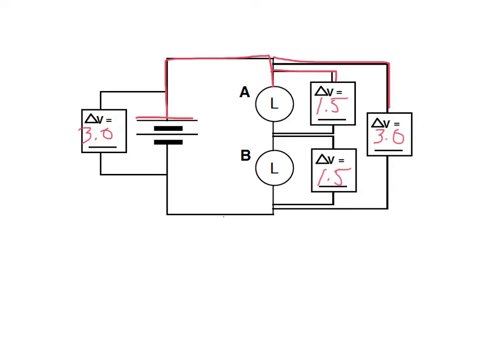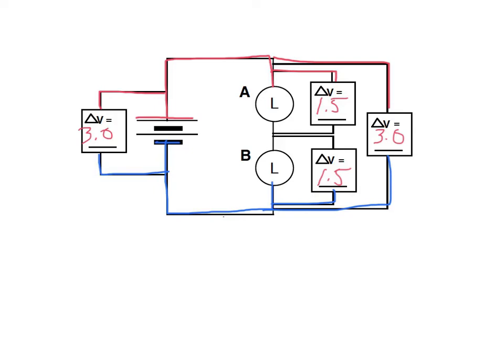And then of course I can do the negative terminal of the battery, low pressure, and that would be all blue, and this would all be blue too, and I forgot to do that, this would be all red. So the reds are all high pressure and the blues are all low pressure. And in my circuit, red to blue is 3 volts because I have two 1.5 volt batteries.